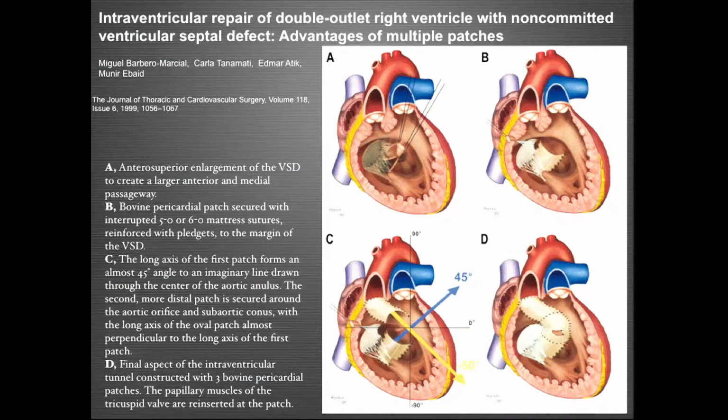Also, this article is very tricky: double outlet ventricle with a non-committed VSD far away from the semilunar valves, and the tunnel at 45 degrees or so inside the rerouting. Is this good for small babies? Probably the answer is no.